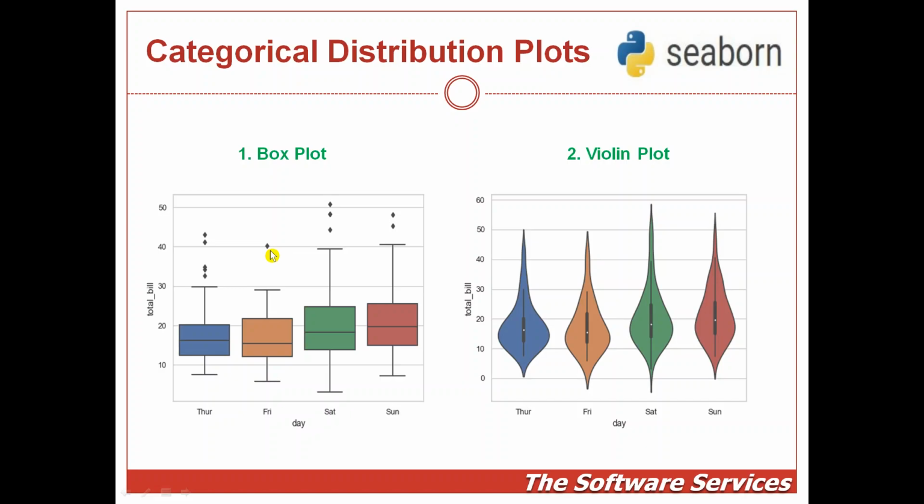Okay, and this middle one is the median. And coming to Saturday also, the same formula is applicable. These dots are very much important. These dots are outliers. Outliers means the special ones, the special points to take into consideration. So these are also the outliers.